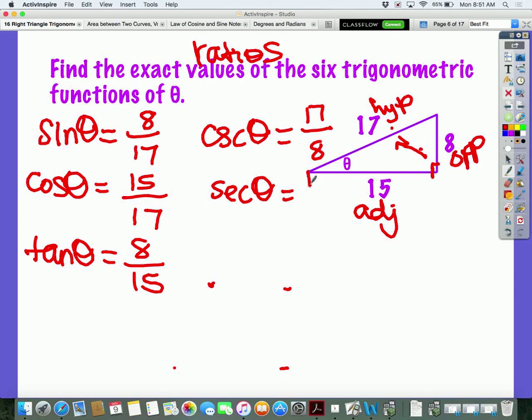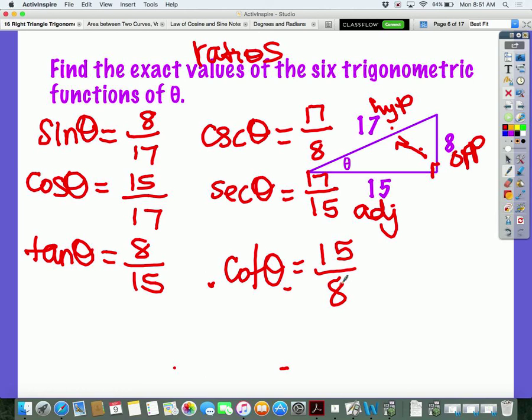So I'm going to get 17 over 15. Last but not least, you have cotangent. Cotangent is what? Adjacent over opposite, or 1 over tangent. So I can take my tangent function and just do what to it? Flip it. So cotangent is 15 over 8.